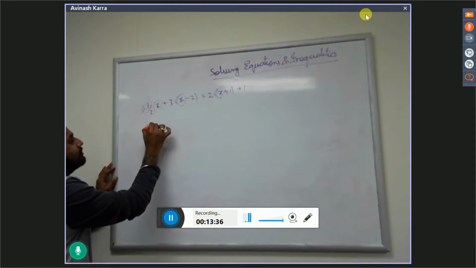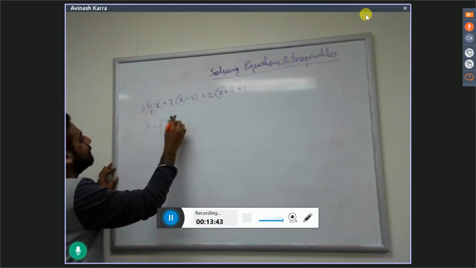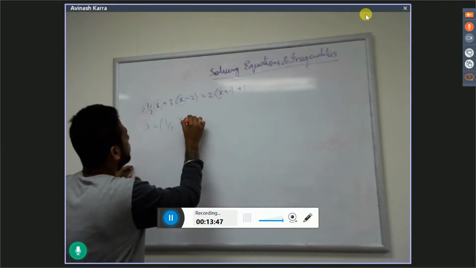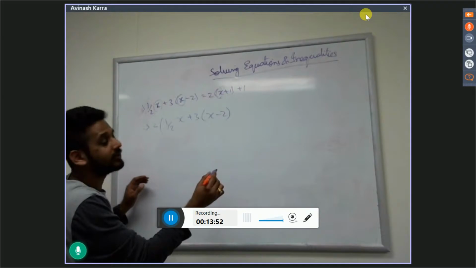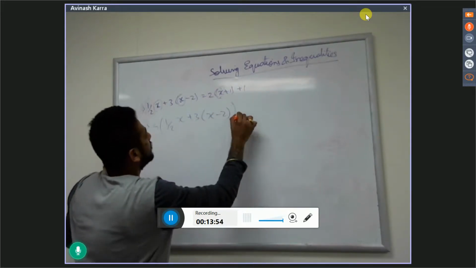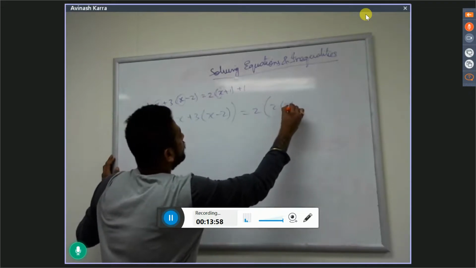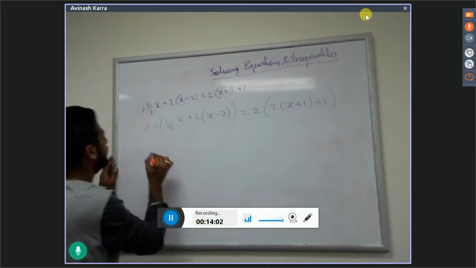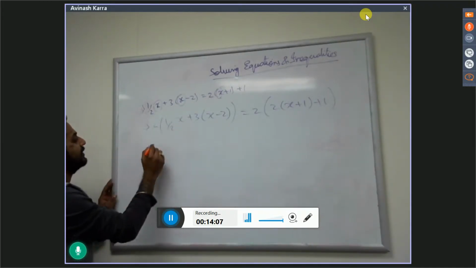When I multiply by 2 on both sides, it becomes 2 into (1 by 2 x plus 3) into x minus 2, is equal to 2 into (x plus 1) plus 1. What will be the next step? 2 goes inside.